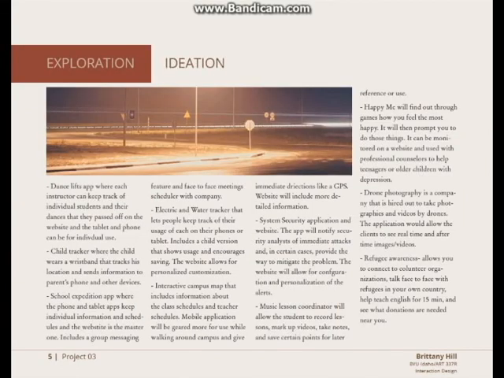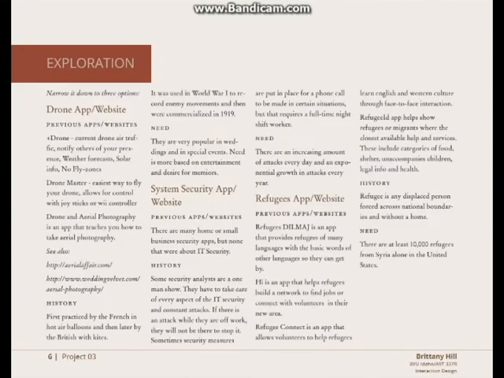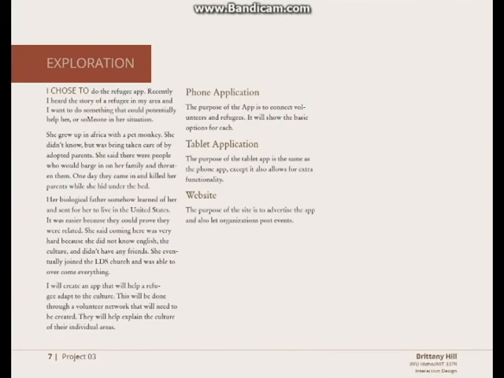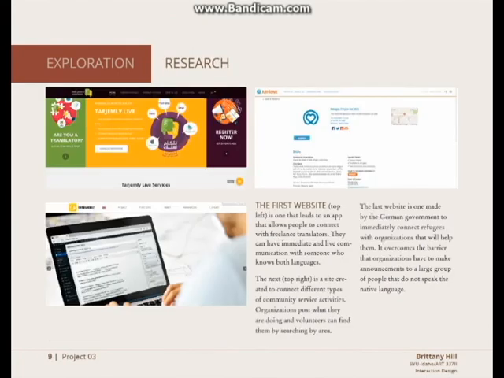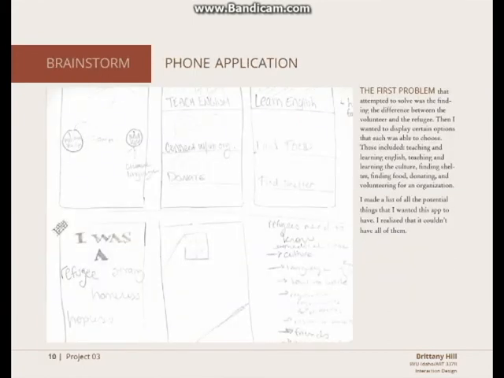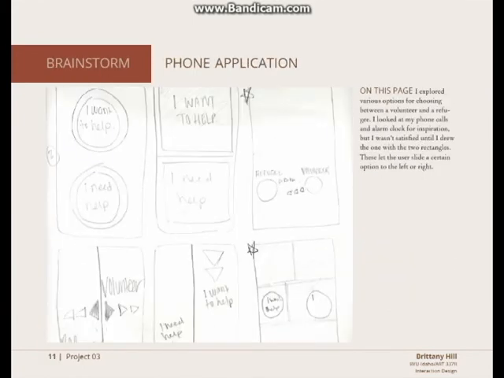I started out by coming up with different ideas of what kind of app I wanted to do, and I researched individual apps, and I decided to do one on refugees, an app that would help connect refugees with different volunteers and organizations. So I began my research by looking at other refugee apps that are already out there and started to sketch.